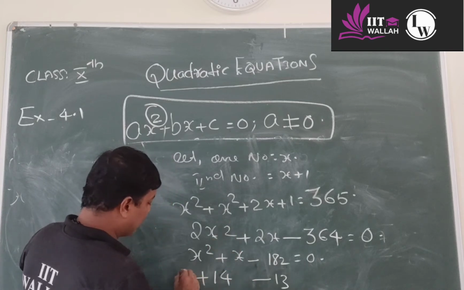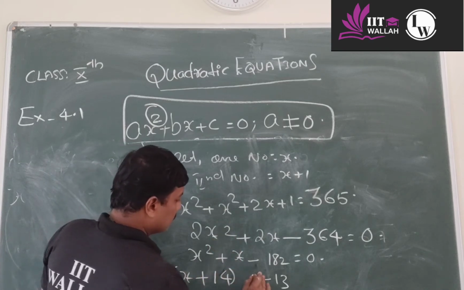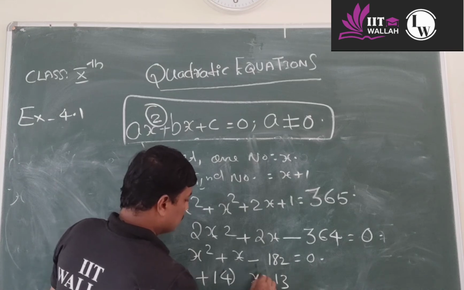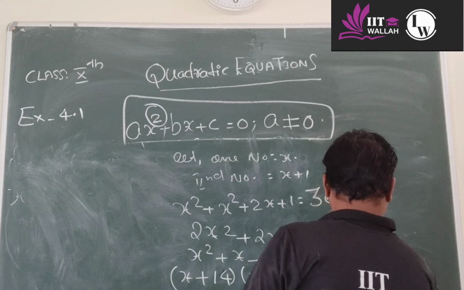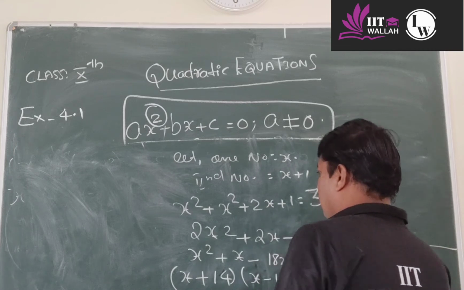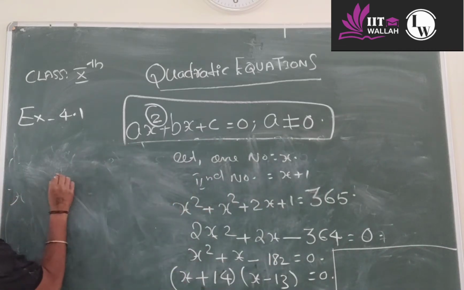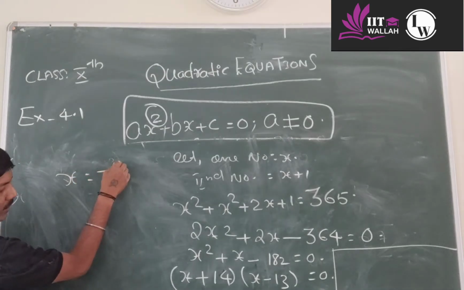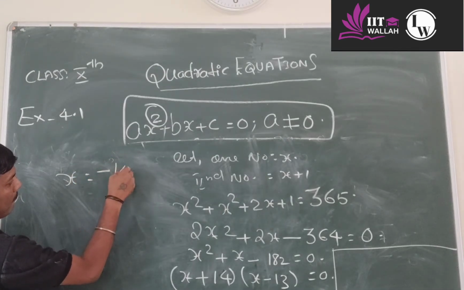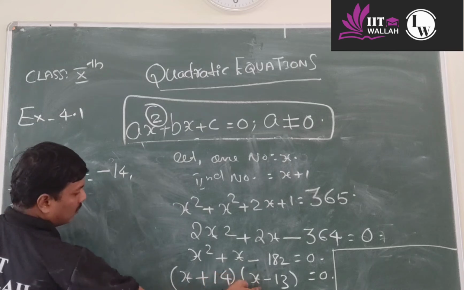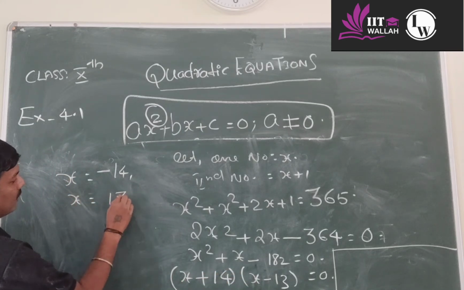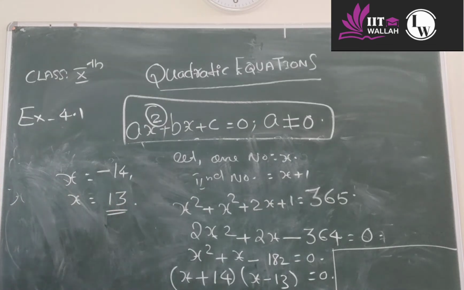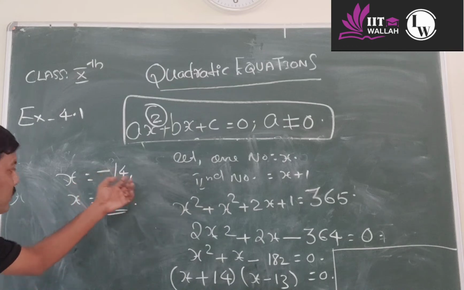So let's put the x on the left side and equate it to 0. Now you will get, if this is equal to 0, x is equal to minus 14. If this is equal to 0, x is equal to 13. Okay? So the numbers are minus 13, minus 14.